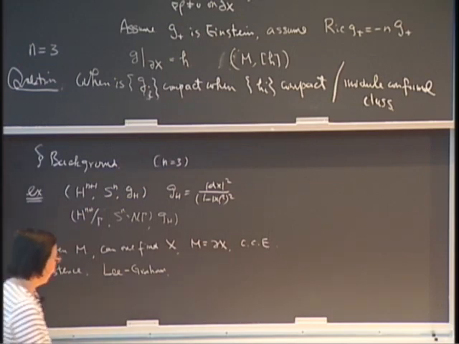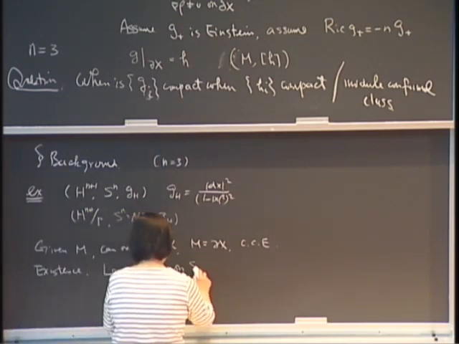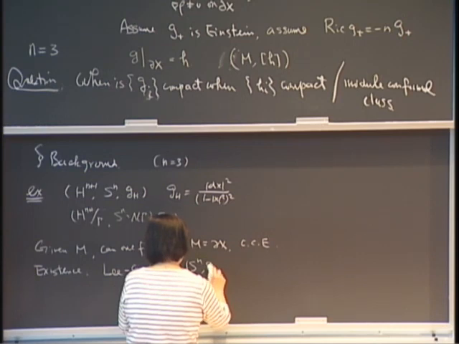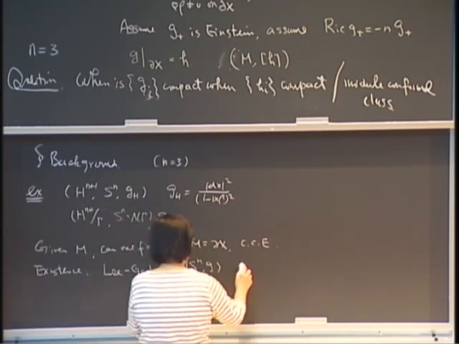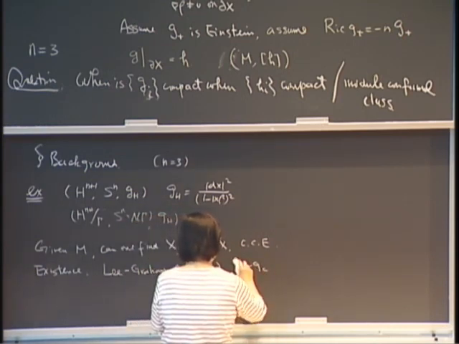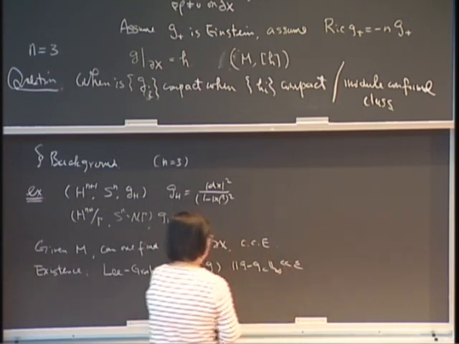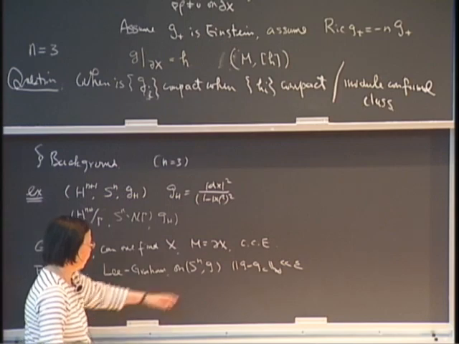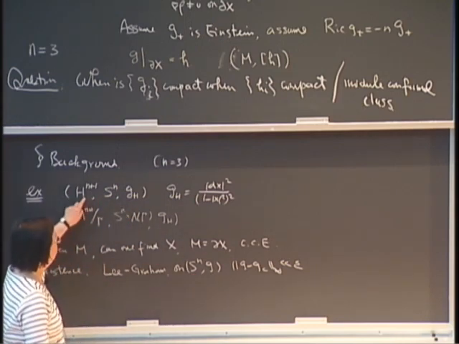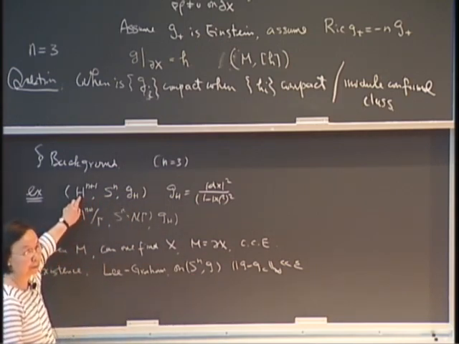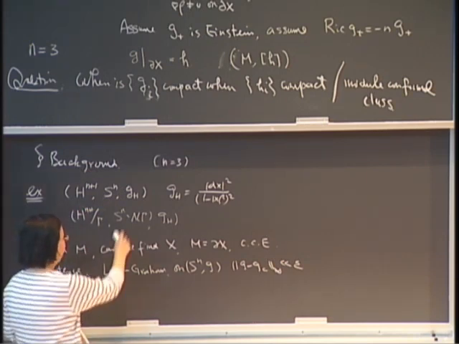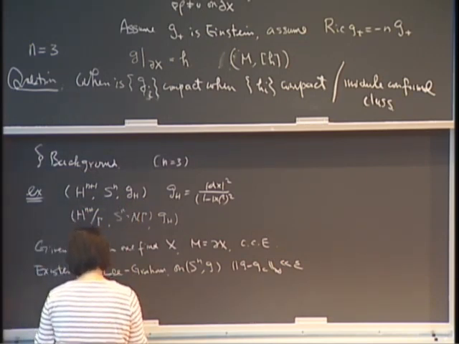They say that on Sn, if you have a metric G which is very close to the canonical metric, then you can fill it in by a metric which is very close to the hyperbolic metric, an existence result.